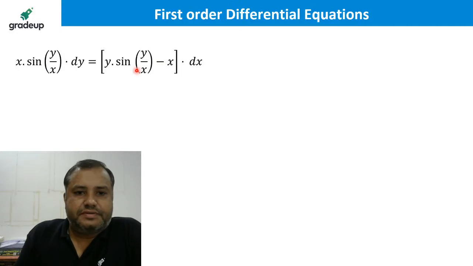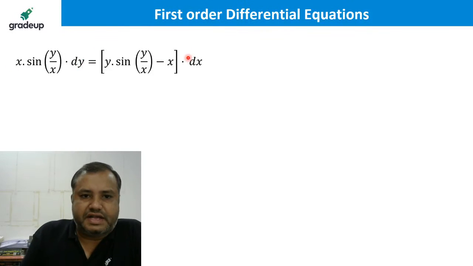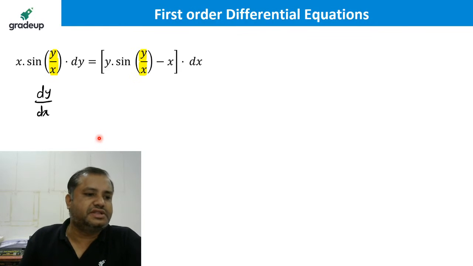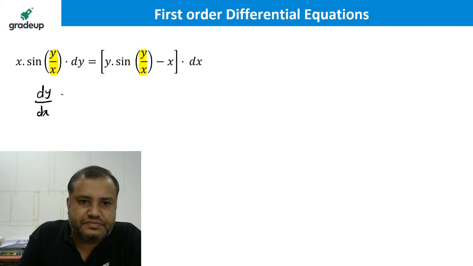See, this is the question. dy by dx equals... this angle is y by x. This is an indication that we have to represent this in the form of y by x. So y sin y by x minus x divided by this entire term, x sin y by x.